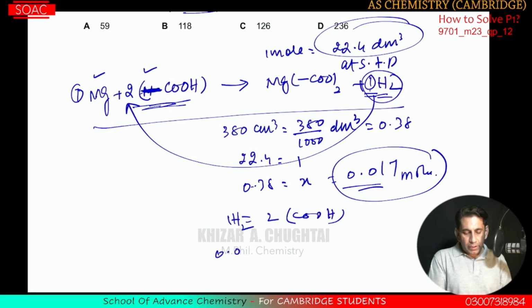And if 0.017 is over here, how many moles of acid will be required? Multiplied by 2, that is equal to 0.034 moles.